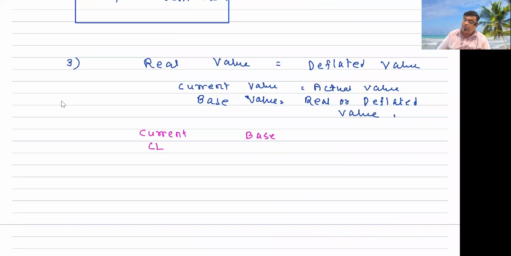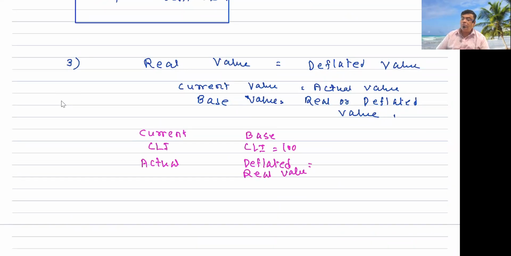Now current CLI is something, base CLI is something. If not given, we take it equal to 100. Current year's value is the actual value, and base year's value is the deflated value or the real value.